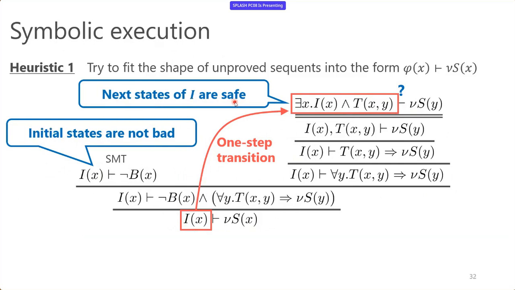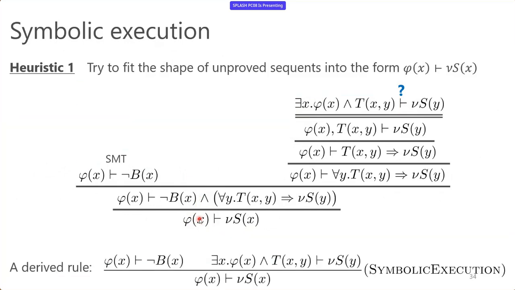By generalizing the I with an arbitrary formula, we obtain this derived rule for symbolic execution. We call this rule symbolic execution, SE for short.